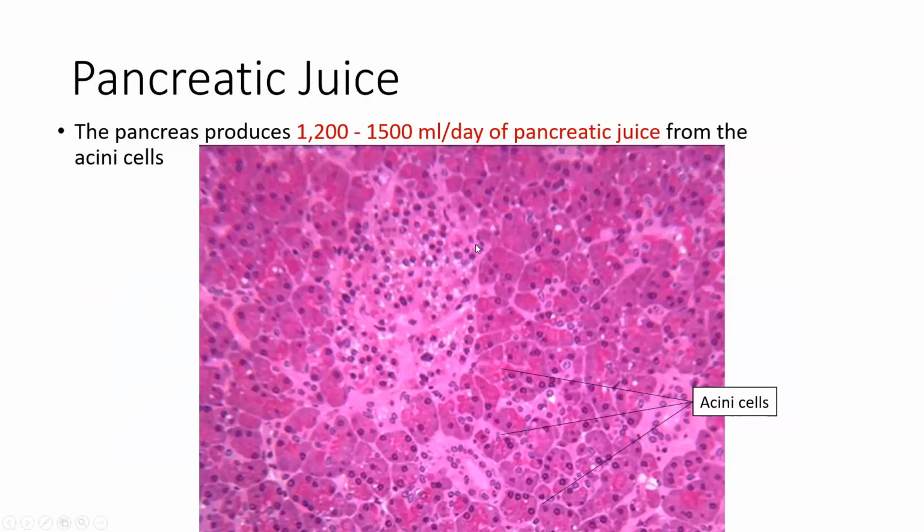And here are the acini cells. The islets of Langerhans is this light pink area in here where we're going to make glucagon and insulin, but the acini cells produce the pancreatic juices instead, the digestive enzymes, about 1.5 liters a day of pancreatic enzymes.